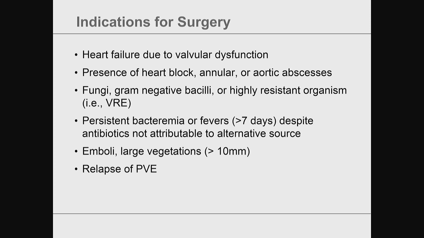If the patient has persistent bacteremia or fevers greater than 7 days, despite being on antibiotics and not having another attributable alternative source. If the patient has evidence of emboli or large vegetations, defined as a vegetation greater than 10 millimeters. Or if this is a relapse and a recurrent prosthetic valve endocarditis.